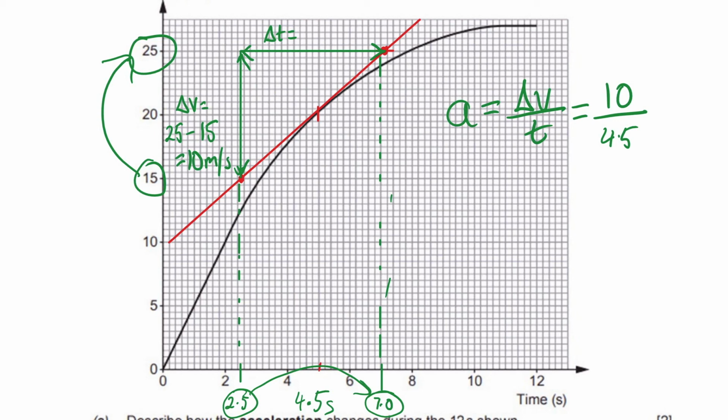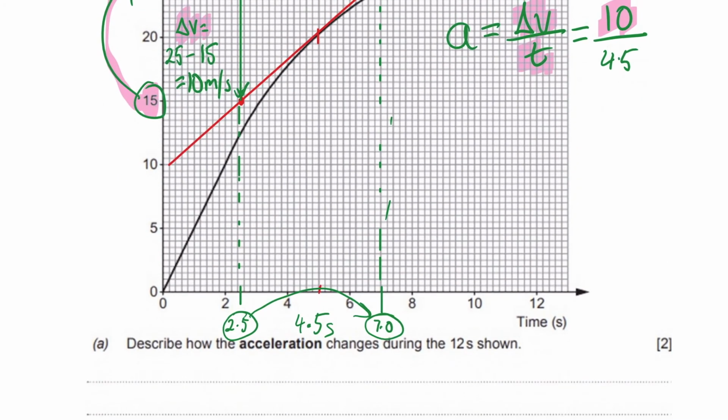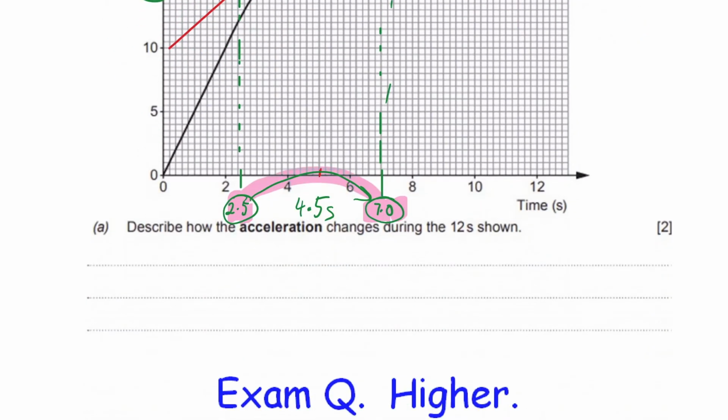Effectively, you work out the change in velocity, you work out the change in time, put one over the other. We worked out 10 by going from 15 to 25 on the graph and going from 2.5 seconds to 7 seconds at the bottom. The change in time is 7 take away 2.5, which is 4.5 seconds.